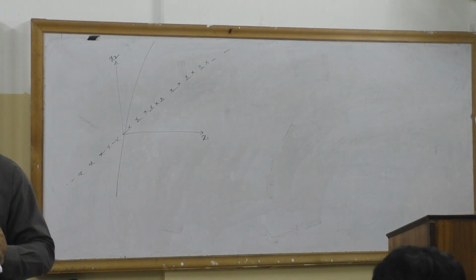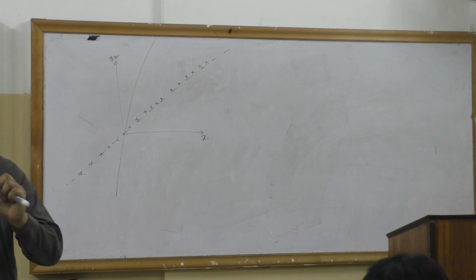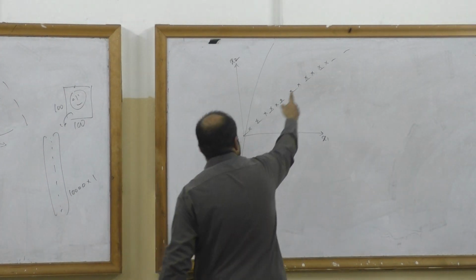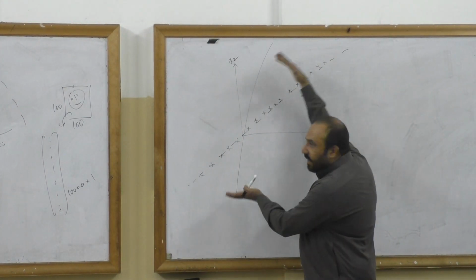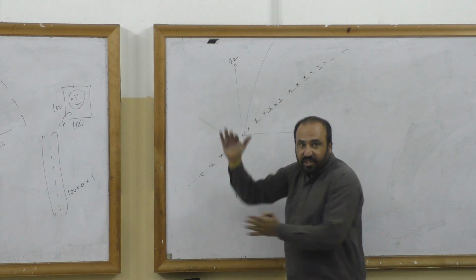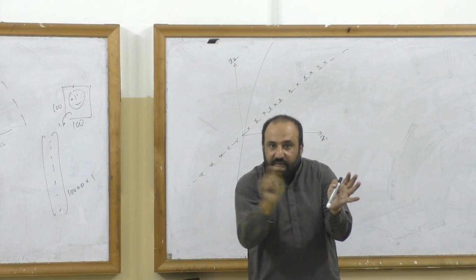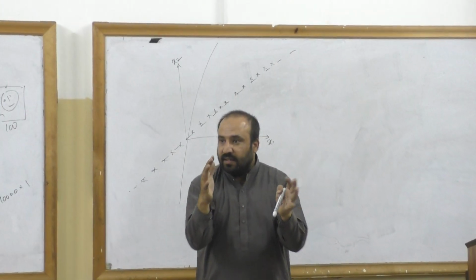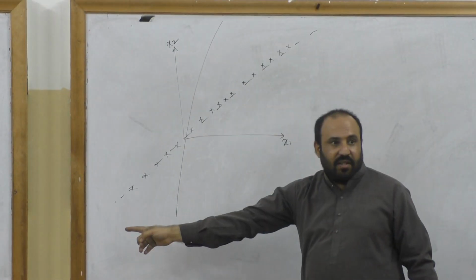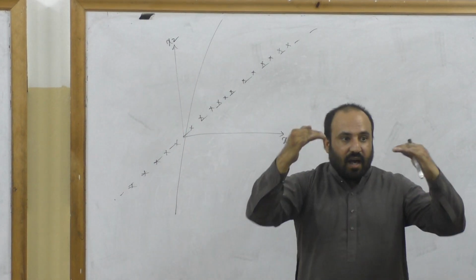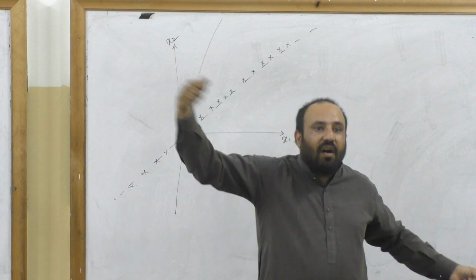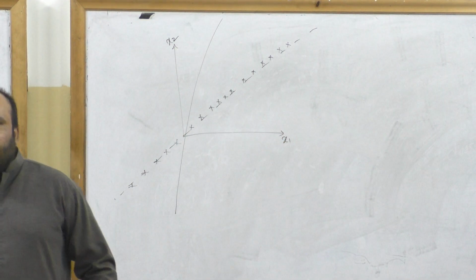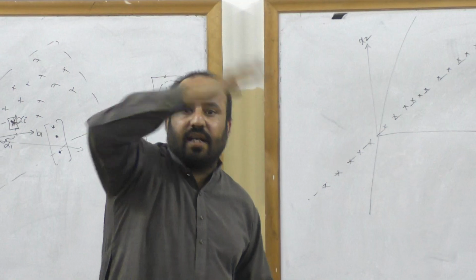If I do the projection in a direction other than this line, then all these projections will have smaller variance. They will become compact. This is the only direction in which, if I project, the variation after projection will be high, with respect to other directions.